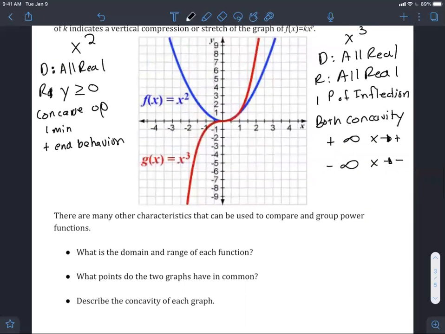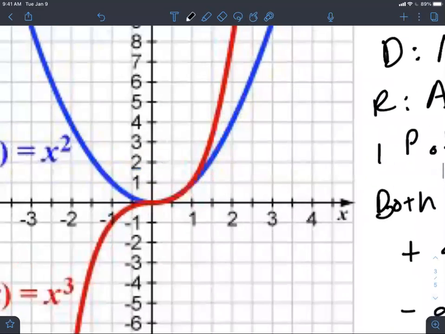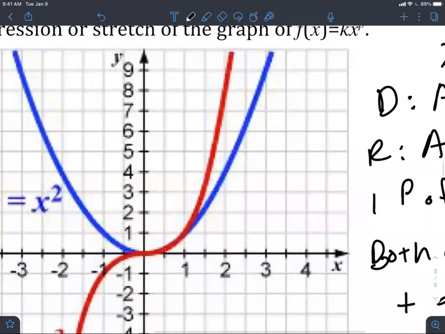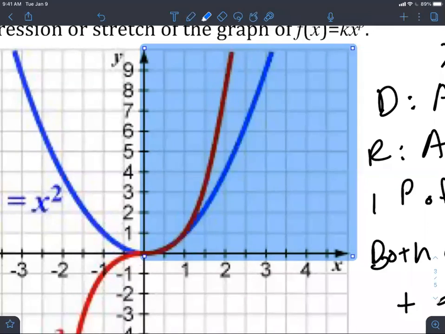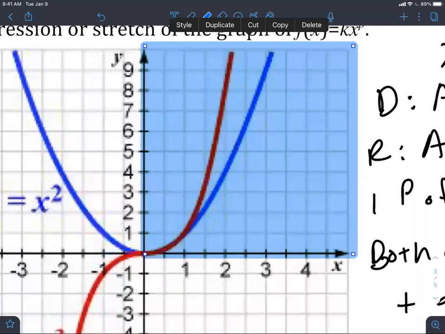Now, what's interesting is if we zoom in on this graph, and consider both of these functions in just the positive quadrant, we can clearly see that both of the graphs are increasing.